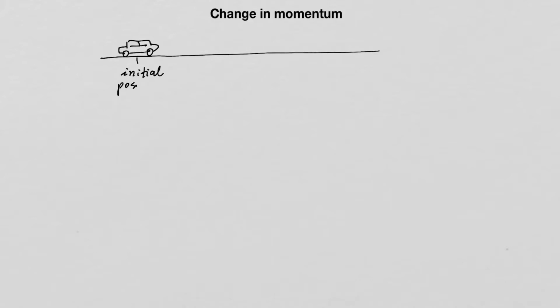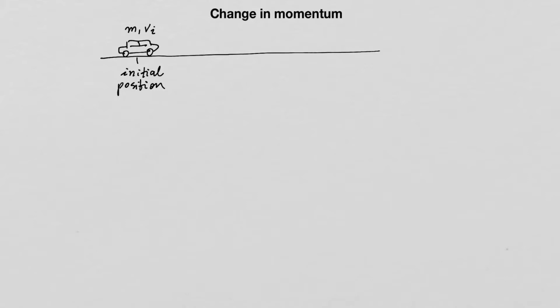So consider an automobile that is moving down the road and is initially at some initial position. We know the mass and the velocity of the automobile.